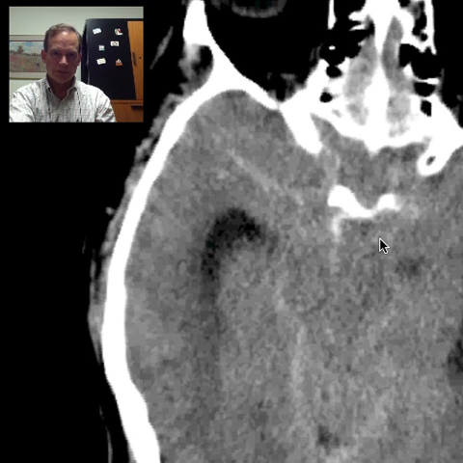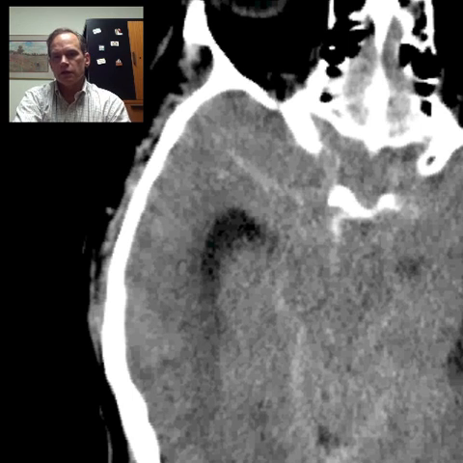Here you can see the medial aspect of the temporal lobe. It's up against the midbrain, or the cerebral peduncle here, this margin here, and then it goes like that. And here's the tentorium. So this part is the medial part of the temporal lobe, and it's pushed medially, and that's what's squashing this midbrain.